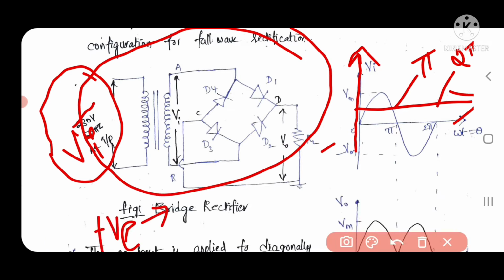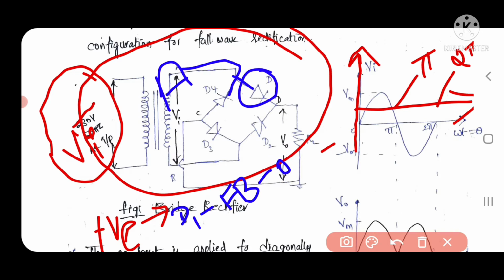During the positive half cycle of this input cycle, when the positive half cycle is passing in this direction, D1 is in forward bias, so it acts as an on switch.